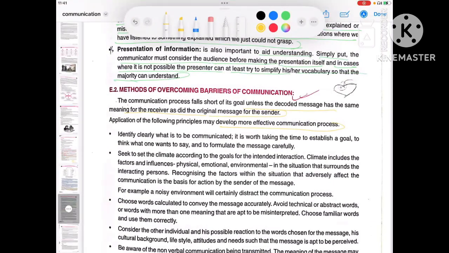So the first method to overcome the barriers of communication is to identify clearly what is to be communicated. Obviously, they should understand what they are going to communicate. And it is worth taking the time to establish a goal, to think what one wants to say, and to formulate the message carefully.